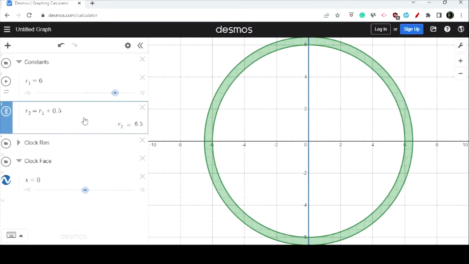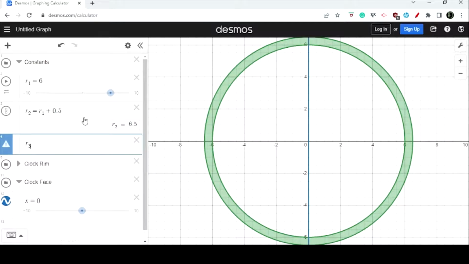Sounds like a great time to define another constant, R3. So R3 is going to be two constants. R3 would be the outer boundary of our clock face ticks, and R4 would describe the inner bound, the inner ring here.